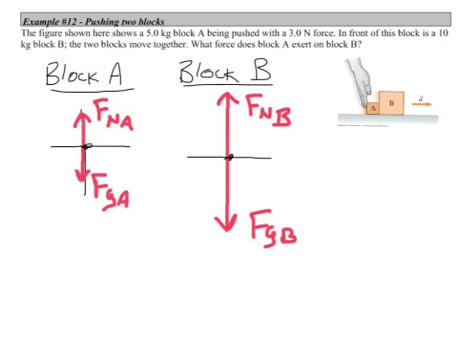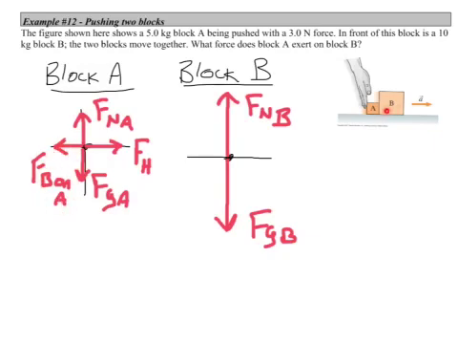So now let's look in the x direction then for block A. Block A has this force from the hand pushing on block A. Block B does not experience force of the hand. The hand is pushing on block A. But what block A does experience is a force from block B back on it.